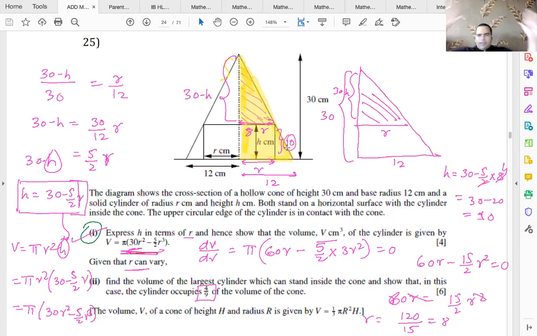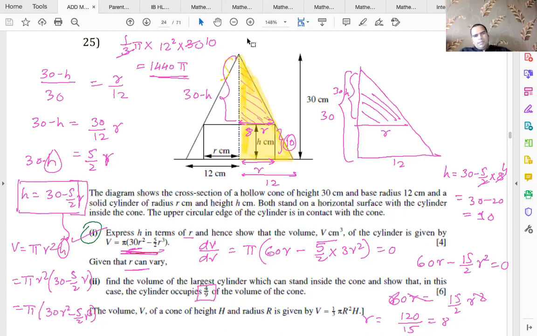So now let us find out the volume of this entire cone, which is obviously 1/3 pi r square h, with r square being 12 square and h being 30. So this is going to be 10, and 1440 pi is the volume of this big cone.